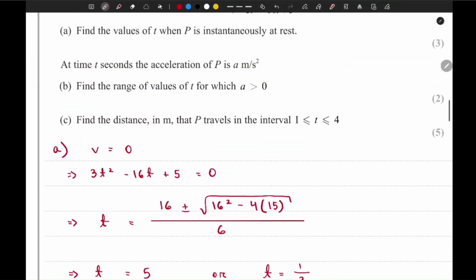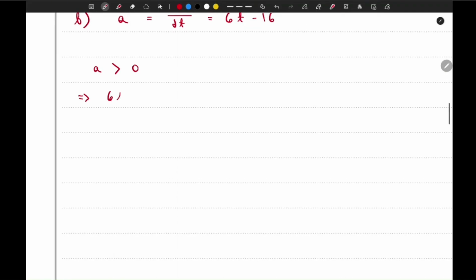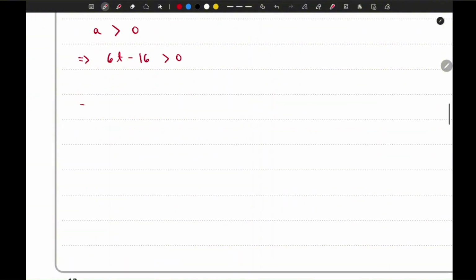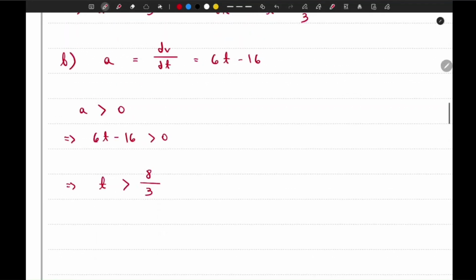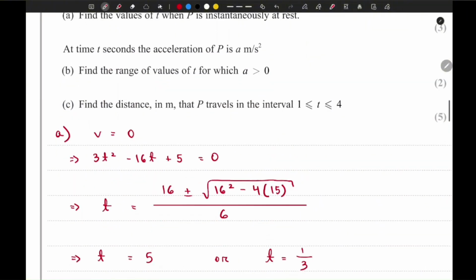Now we need to find the range of values of t for which the acceleration is greater than 0. So we just need to solve this inequality. Acceleration is greater than 0, so 6t minus 16 is greater than 0. So the value of t is greater than 8 divided by 3. So that is the answer to this part.